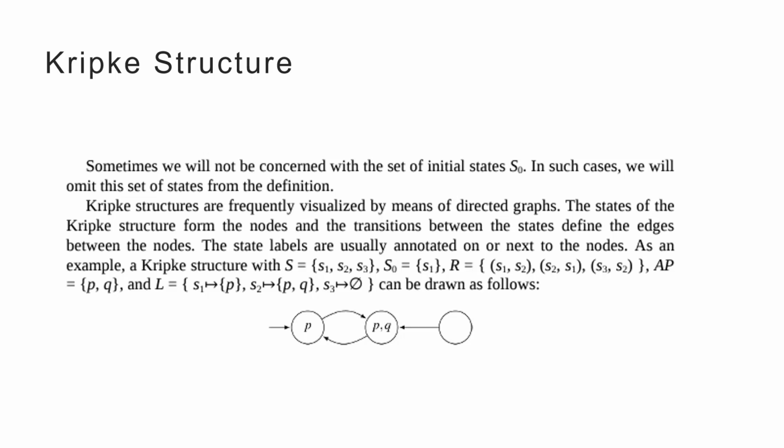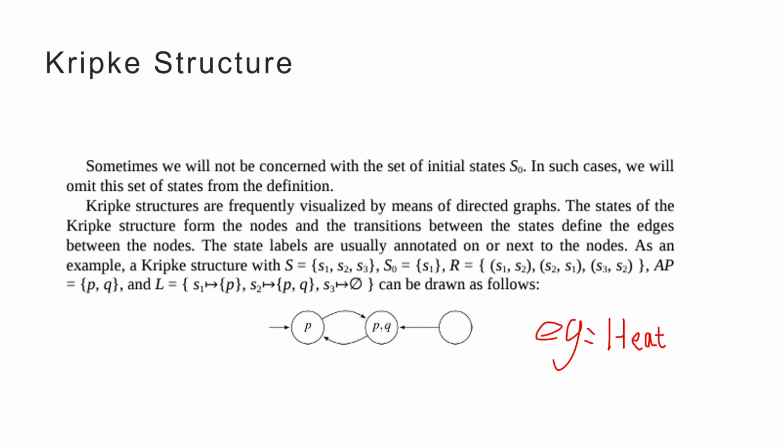Here S represents the set of states, S0 denotes the initial states, and R is the transition relation between those states. AP represents atomic propositions, which can have two values, true or false. Atomic propositions can take various forms.